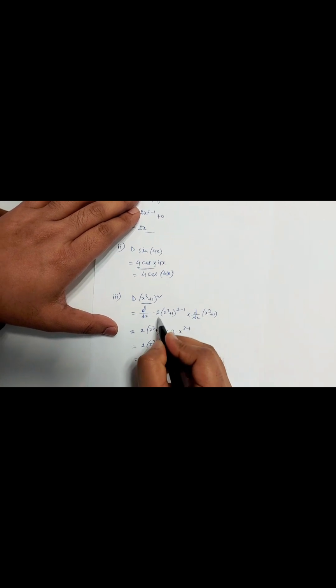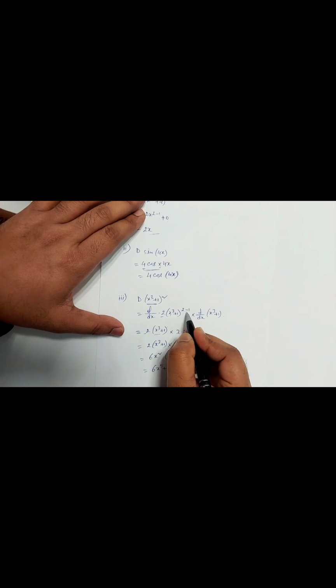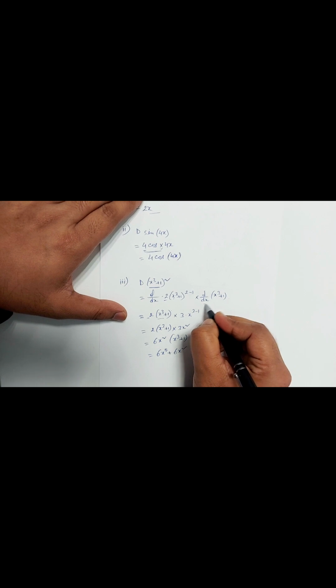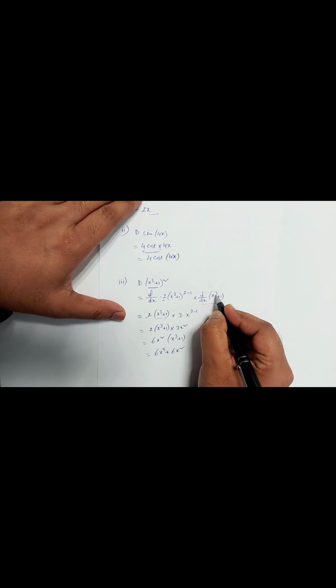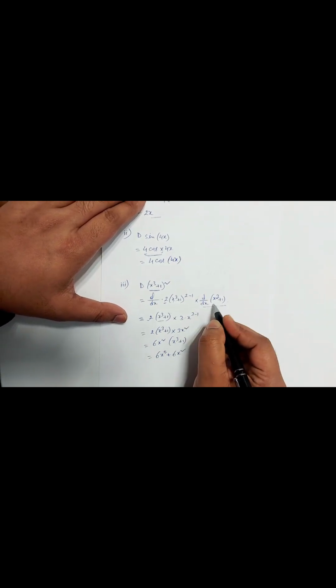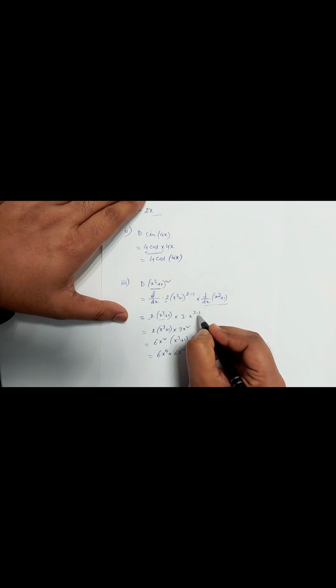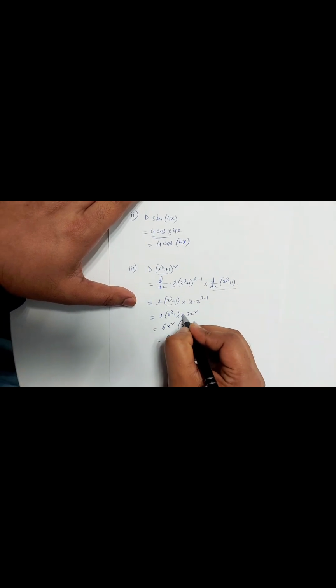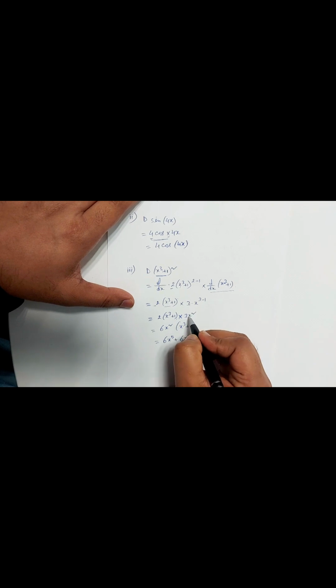Then we get 2 into x cube plus 1, 2 minus 1 is 1, and into 3 x power 3 minus 1, so we get 2 into x cube plus 1 into 3 x square.